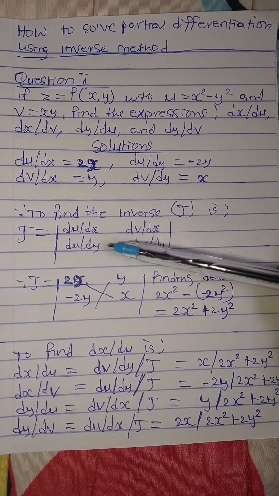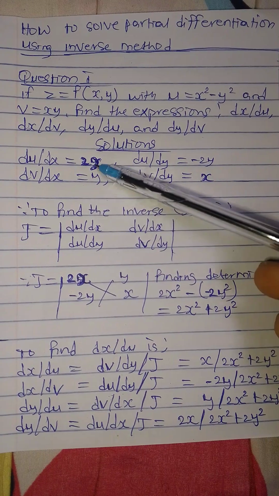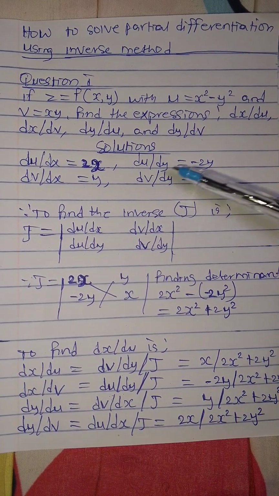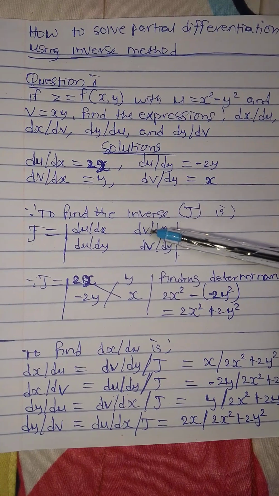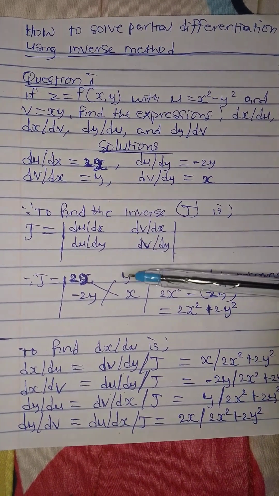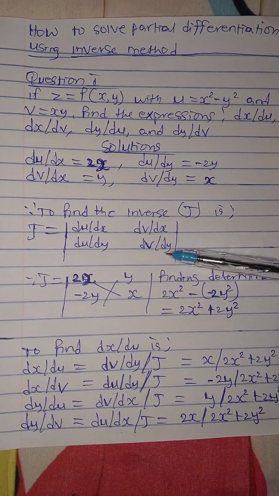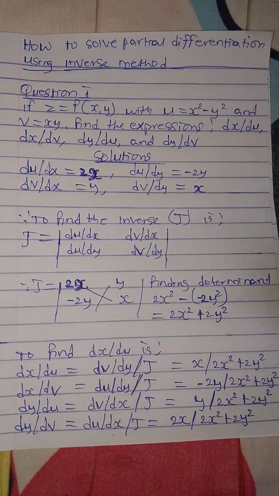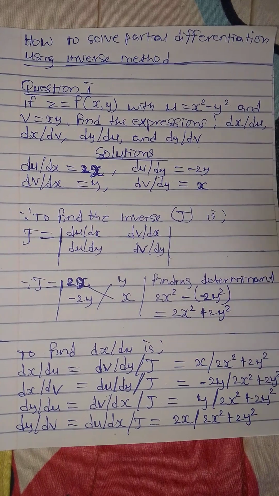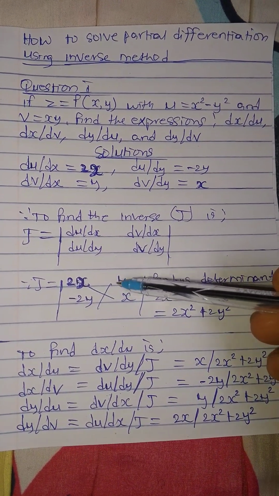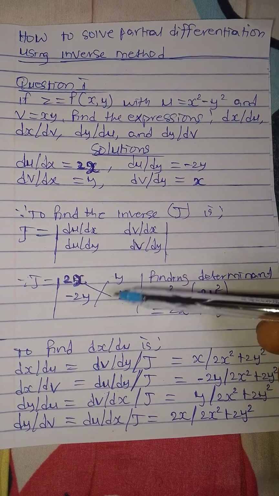Now let's start placing the values. J is equal to: du over dx is 2x, du over dy is minus 2y, dv over dx is y, and dv over dy is x. As we know, to find the determinant is always this minus this.